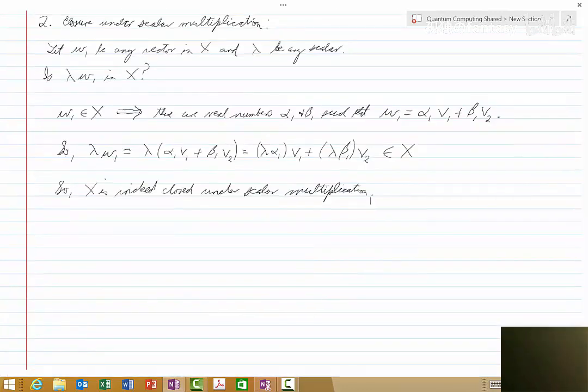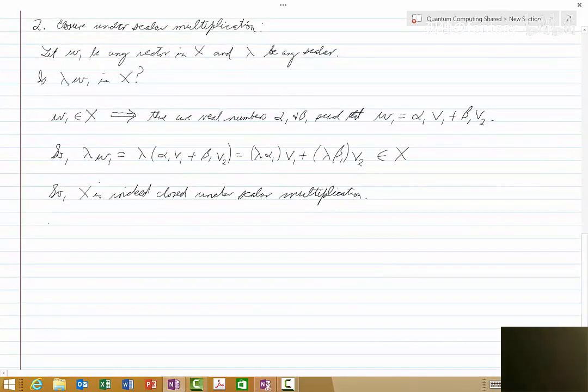And since X has satisfied both properties, let me say it this way just so there's no confusion. So since X satisfies both properties, X is a subspace.